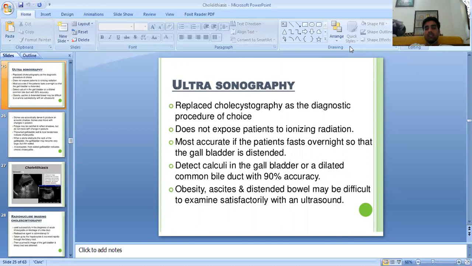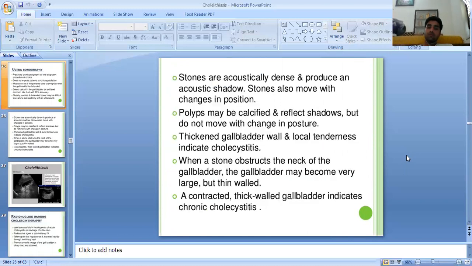Obesity, ascites, and distended bowel may make it difficult to examine satisfactorily with ultrasound. Stones are acoustically dense and produce an acoustic shadow. Stones also move with changes in position.